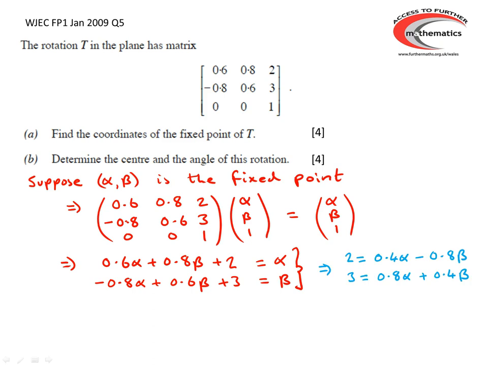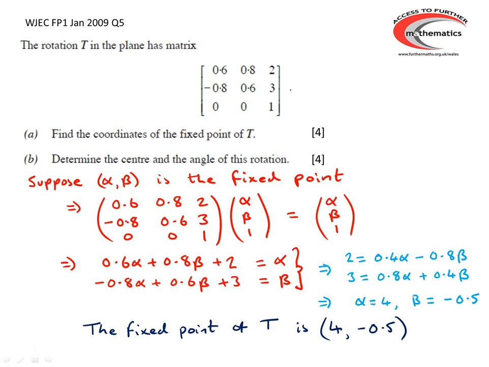Collect all the alphas and betas on one side and the numbers on the other side. So we've got 2 = 0.4 alpha - 0.8 beta, and 3 = 0.8 alpha + 0.4 beta. Solve the simultaneous equations. We've got alpha = 4, beta = -0.5. So the fixed point is the point (4, -0.5).